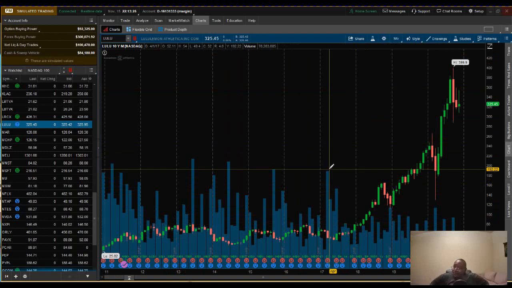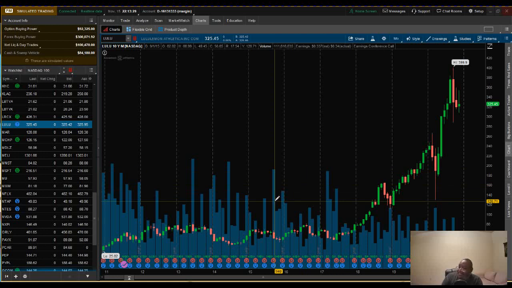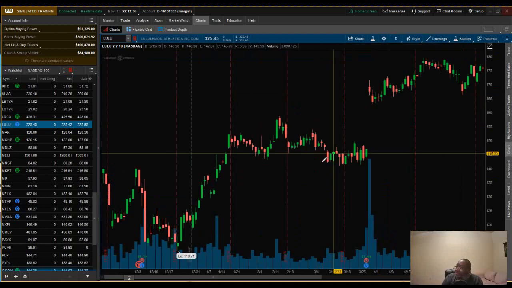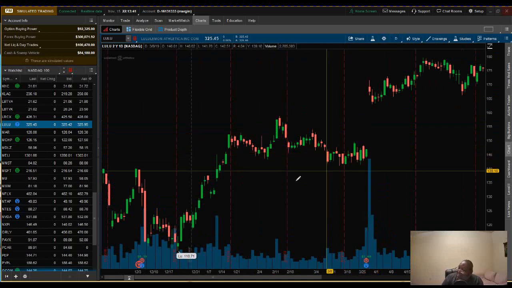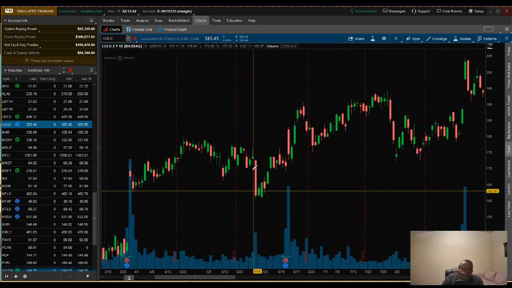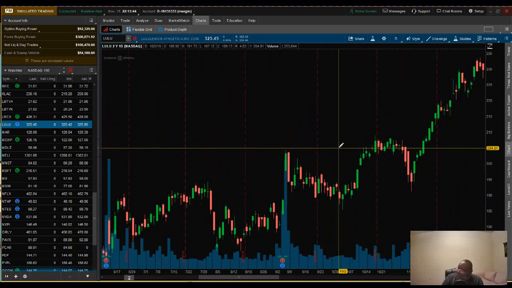Very important when you're looking at the chart, understand that it changes depending on the time frame. We were looking at Lululemon on the 2-year, 1-day chart, and it looks horrible within the day period, right? It's hard to really make much assessment. It's real wild, right?